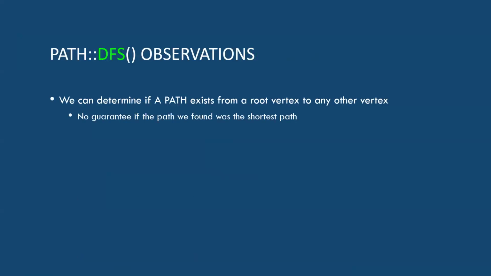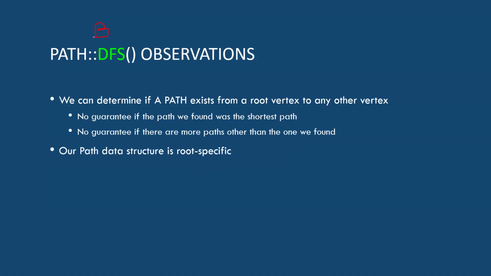There's no guarantee the path we found was the shortest using depth first search. When we move to breadth first search, we'll study why that gives us the shortest path, which is usually more valuable. And there might be lots of paths; we only found one of the possible paths back to 0 from a particular vertex.